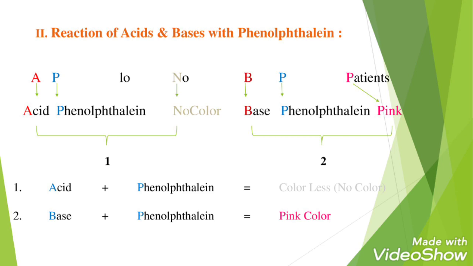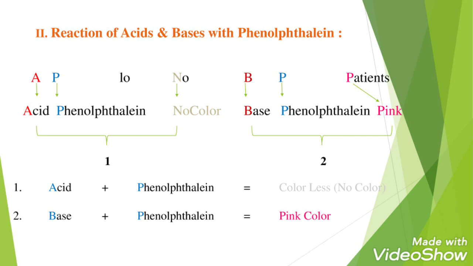If you expand the capital letters I mentioned in the slide, A for acid, P for phenolphthalein. Acid reacting with phenolphthalein, no means no color. When acid reacts with phenolphthalein, you will get a solution with no color.